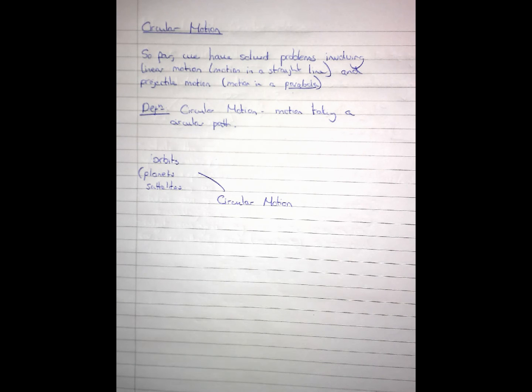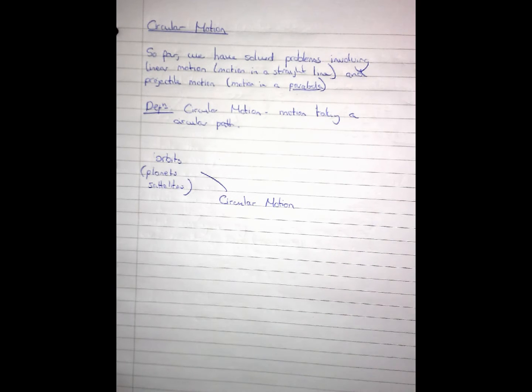But for a lot of what we are going to do, it works to apply the idea of circular motion to them. For the orbit of the Earth, for example, the orbit is very close to being circular. So we've got planets and satellites.